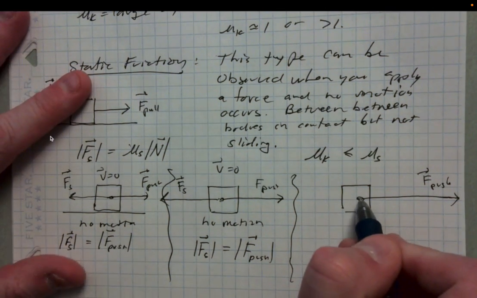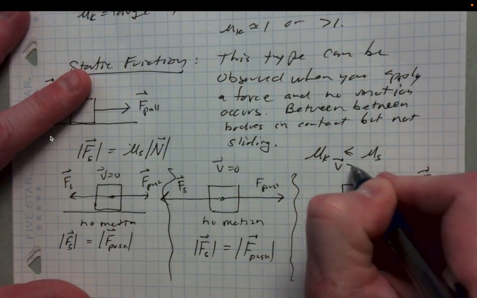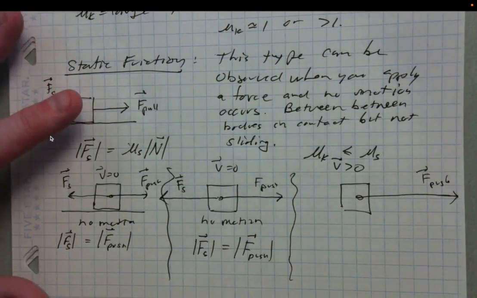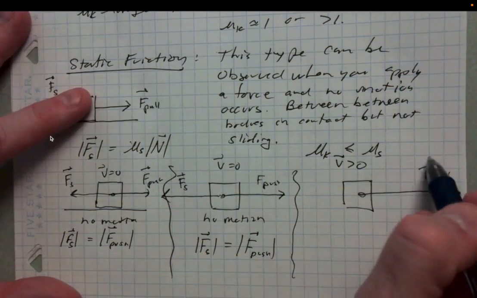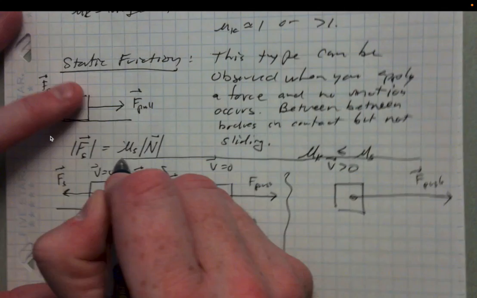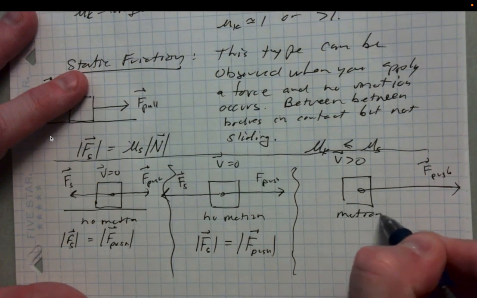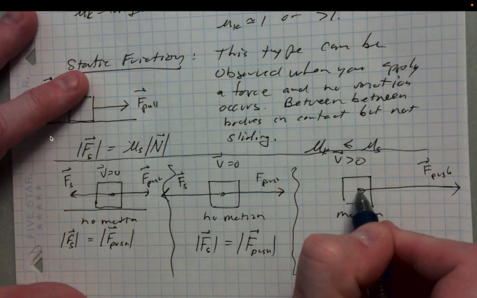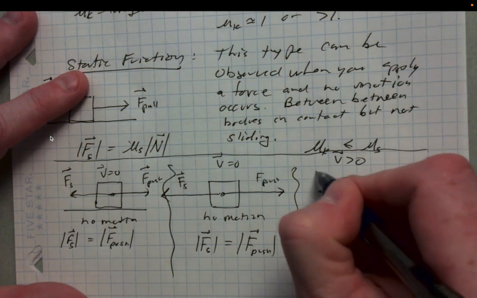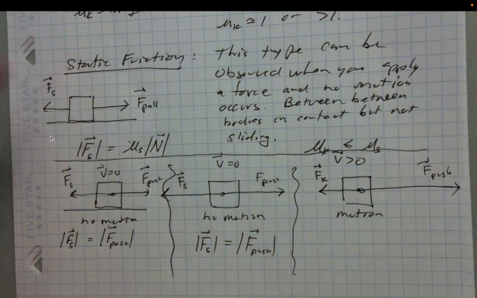And once that happens, the velocity is then greater than 0. The object starts sliding, and we have motion.